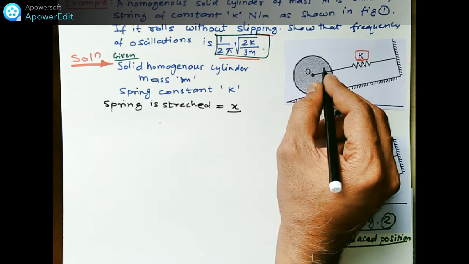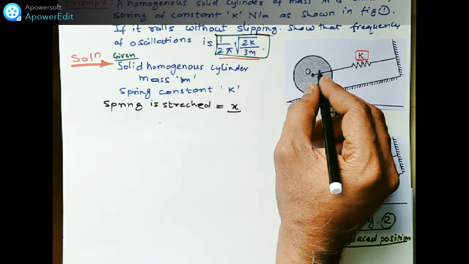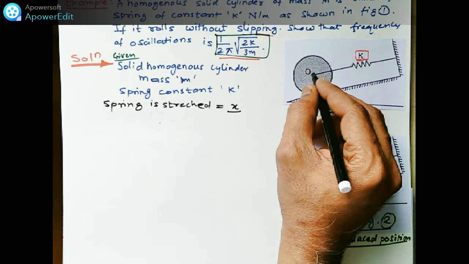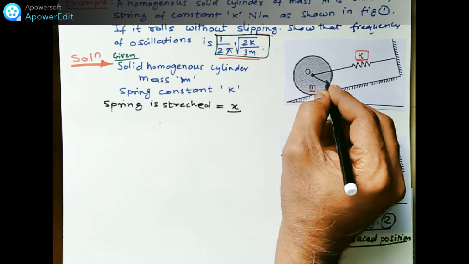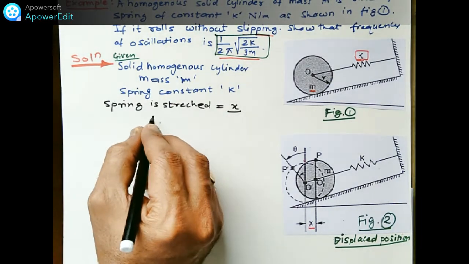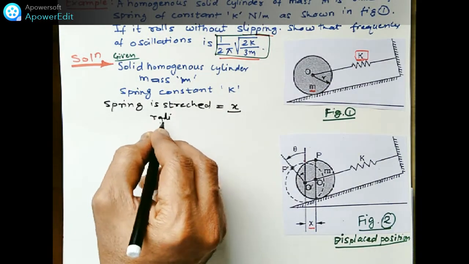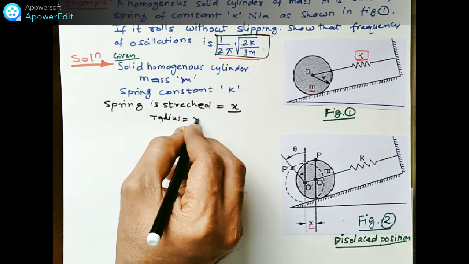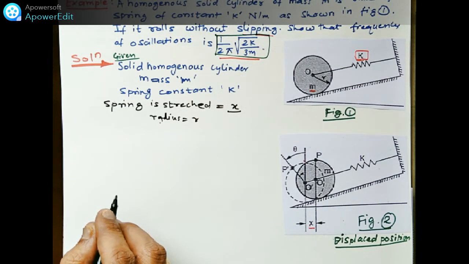When not given, you consider r as the radius of the cylinder. So radius of cylinder equals r.